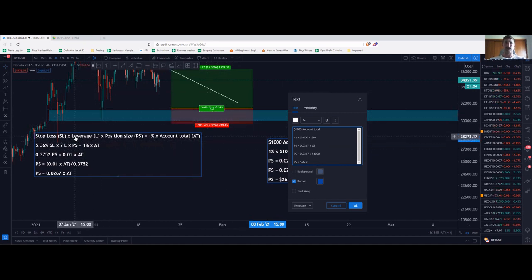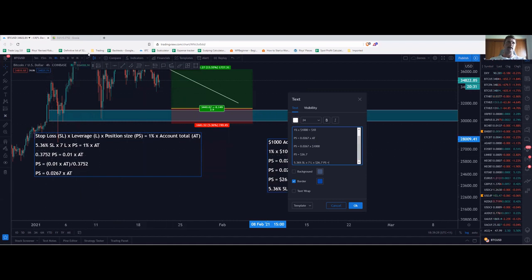Now we know from our stop loss that we're willing to risk 5.36%. And because we're on 7x leverage, we're risking 5.36 times 7. So to calculate what we're losing, we have a 5.36% stop loss times the 7x leverage times our position size of $26.7. 5.36 is the same as 0.0536.